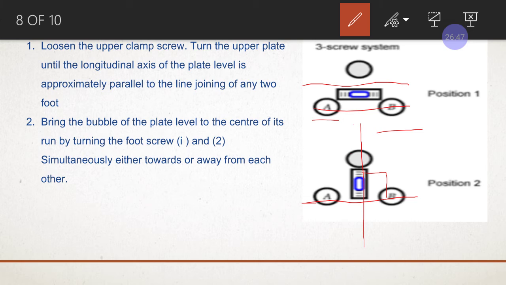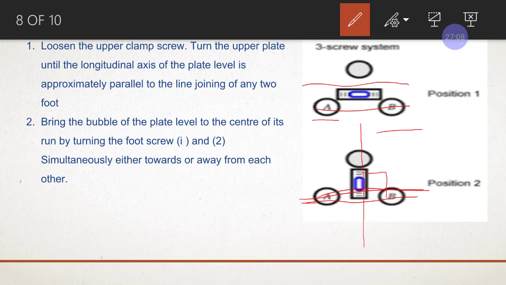Now in the second case, the bubble tube should be perpendicular to the previously used foot screws. To turn clockwise and anti-clockwise simultaneously, you had used 2 foot screws. It was parallel to it. Now it has to be perpendicular to it.